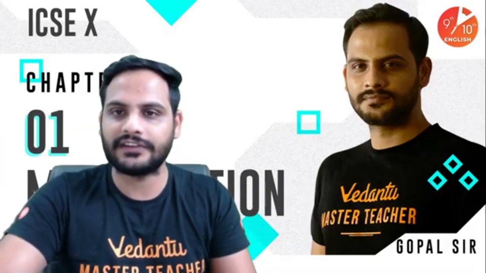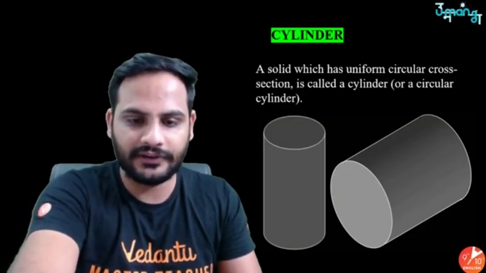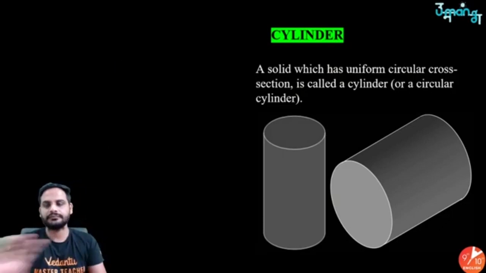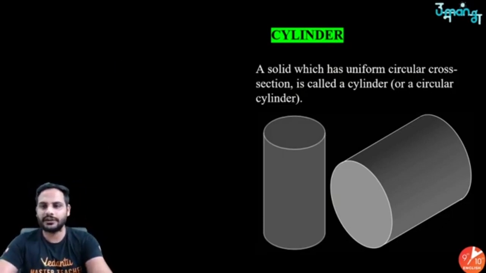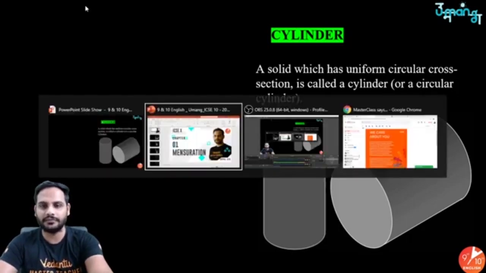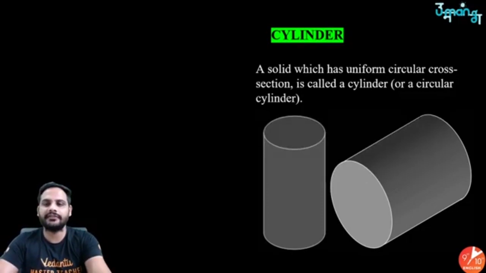Let us start with cylinder and cone. So first thing, a solid which has uniform circular cross section is called a cylinder or a circular cylinder. It means that the solid should have a uniform circular cross section.